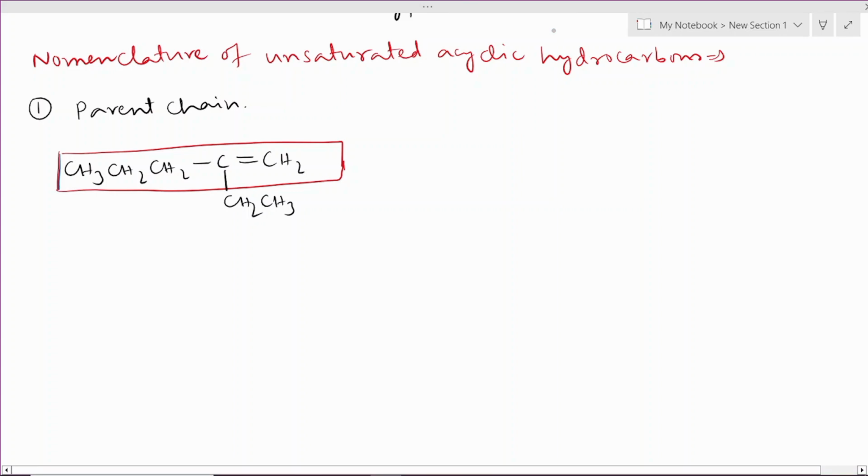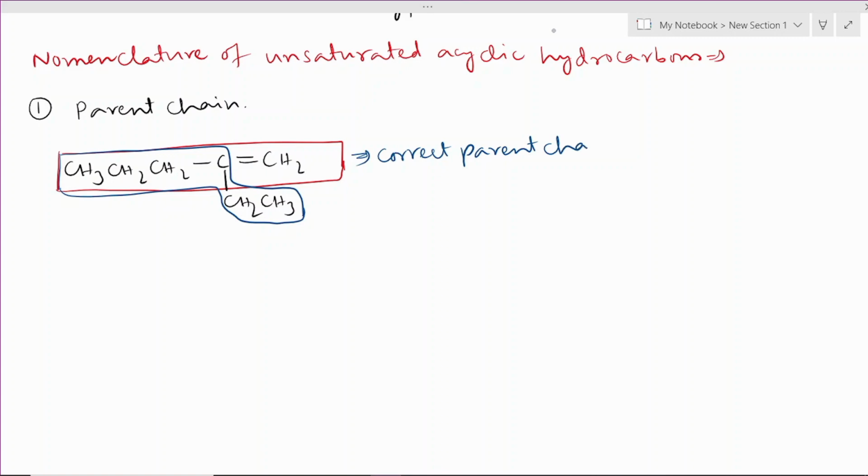On the other hand, this is not the parent chain as it does not contain any multiple bond. So this will be the correct parent chain and this will be the wrong parent chain.